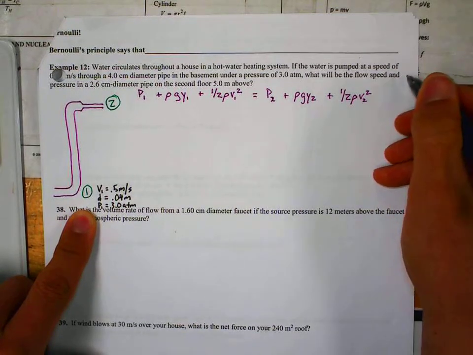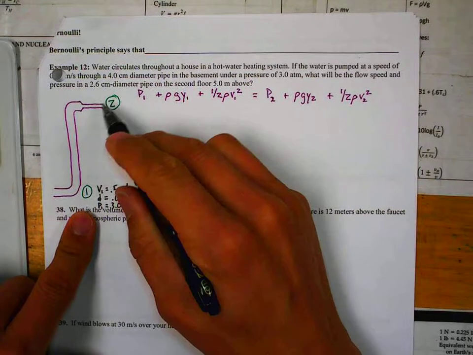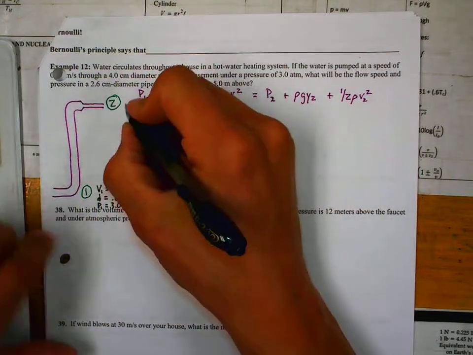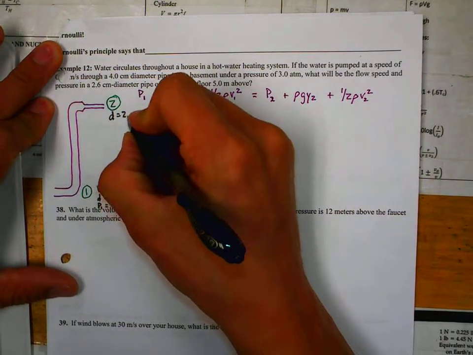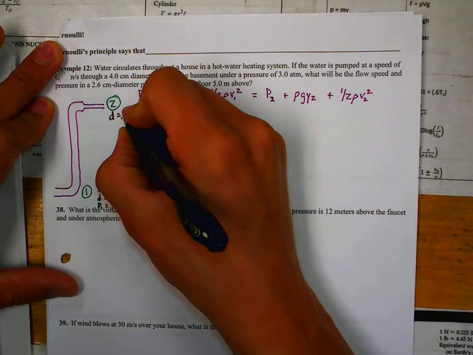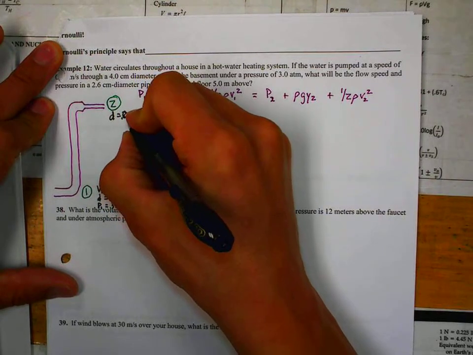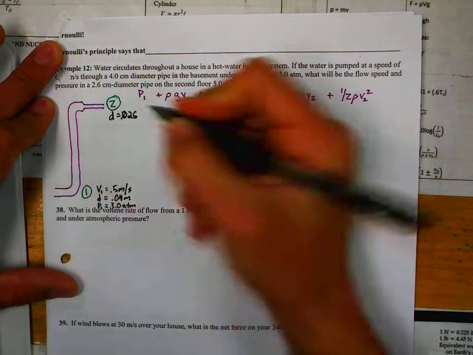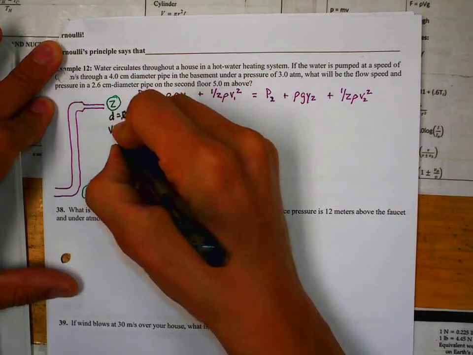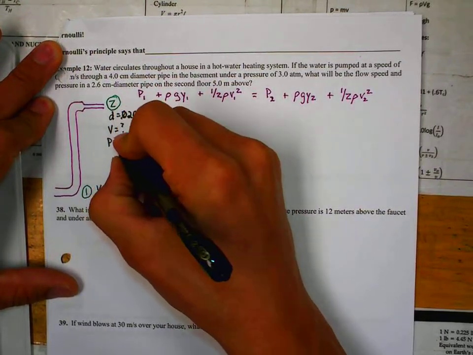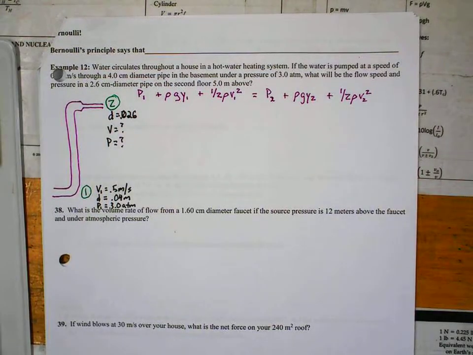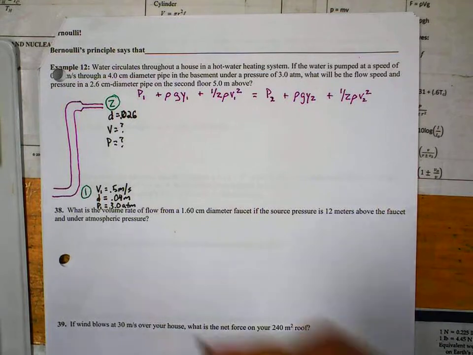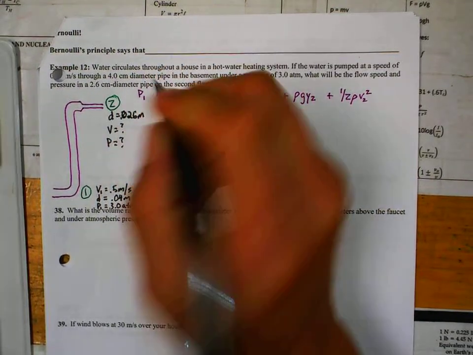Then we want the flow speed and pressure up here. So this diameter is 2.6, or let's put 0.026 meters. And then we don't know what the flow speed is, and we don't know what the pressure is.